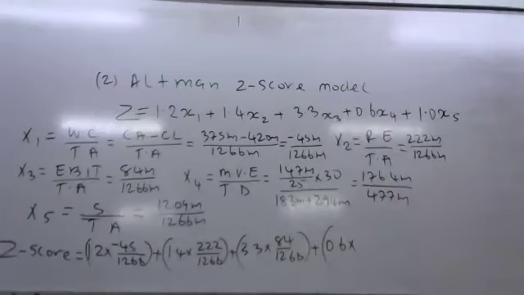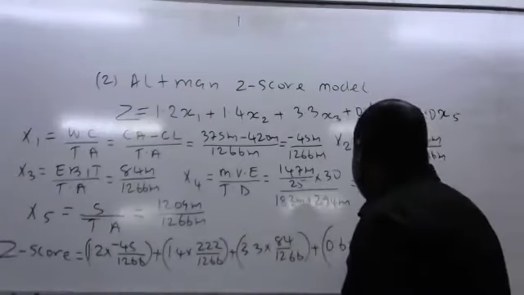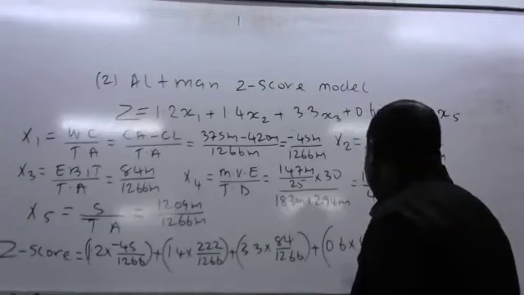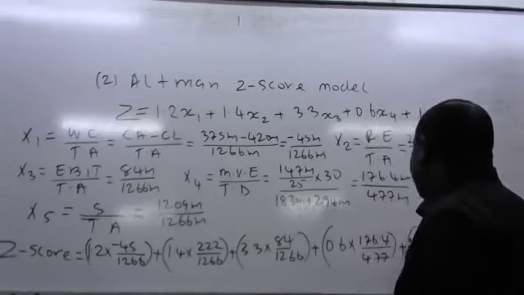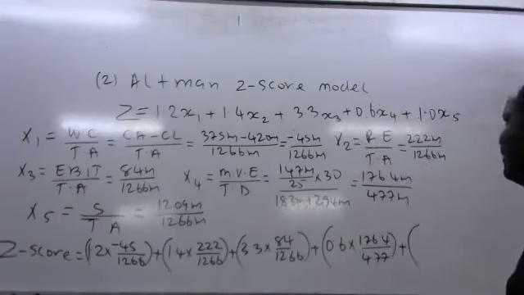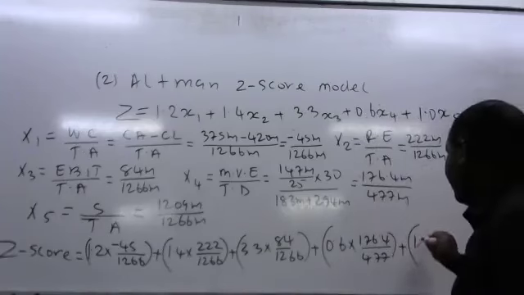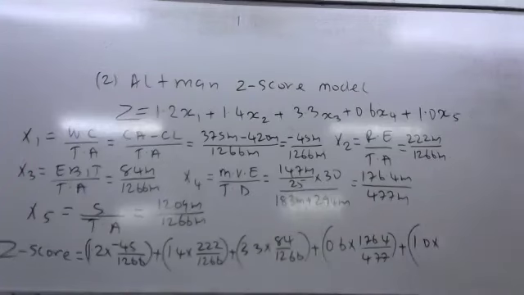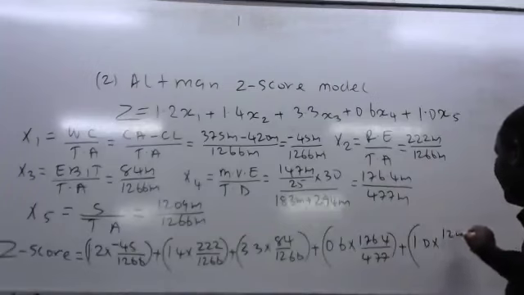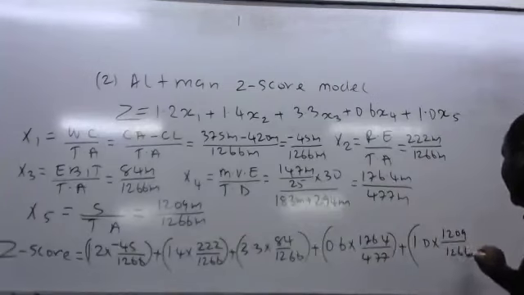So that x4 is 176.4 divided by 477. Then finally, there is also 1.0 x5. So x5 is 1209, also divided by 1266.